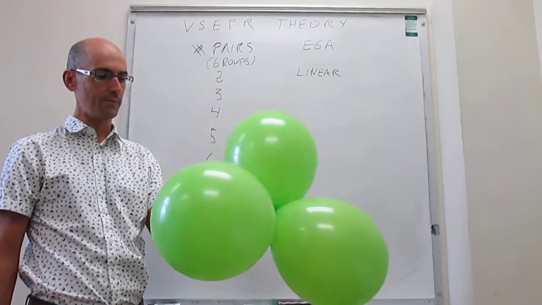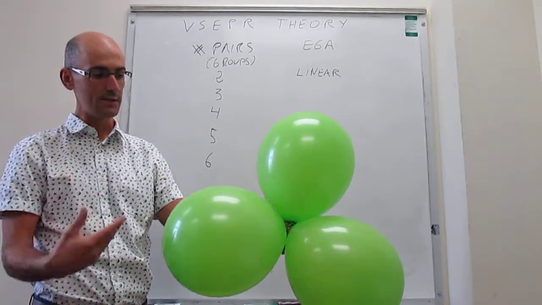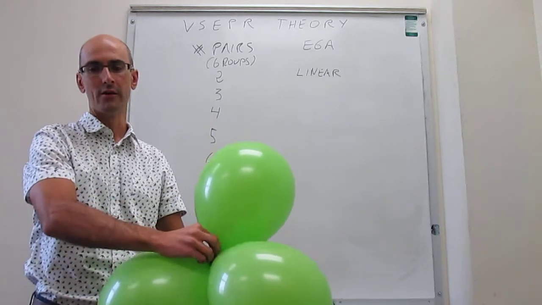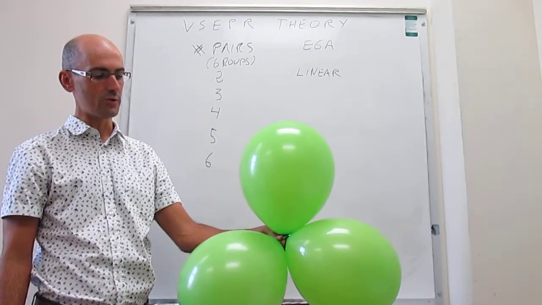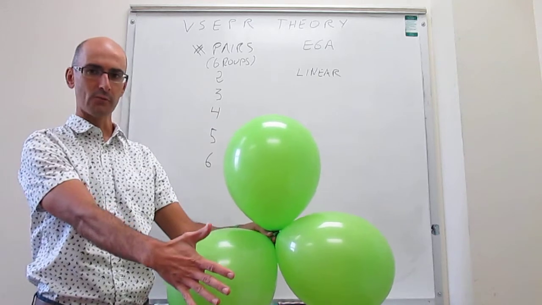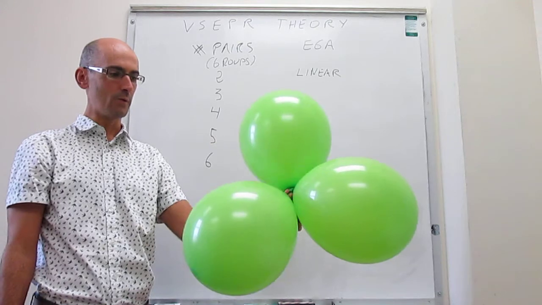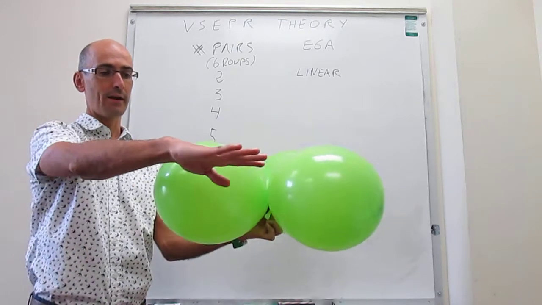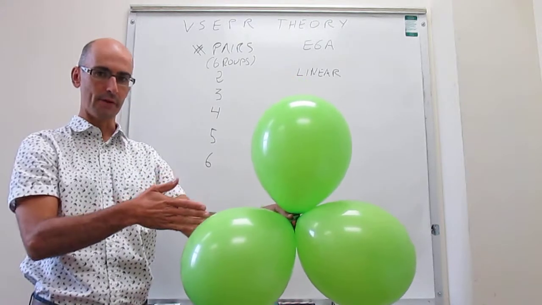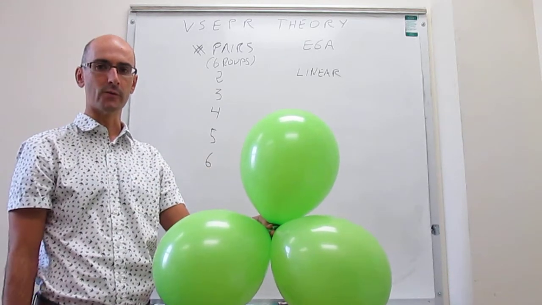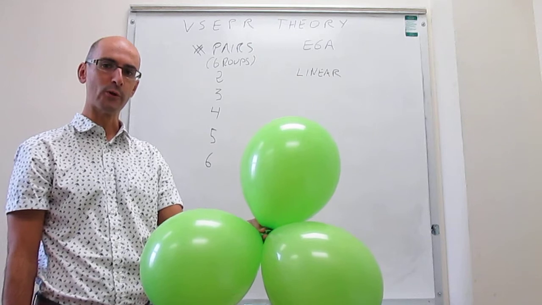When you arrange those electron groups as they want, this happens to be a trigonal planar shape. You can see that the 3 groups of electrons are in the same plane, in this case a plane perpendicular to your view, and the angles between them are about 120 degrees. This is what we call trigonal planar.